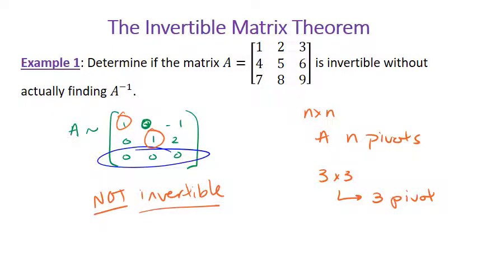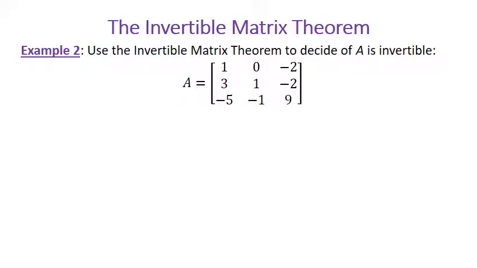Because this matrix is not invertible, all of the other statements in the invertible matrix theorem are not true for matrix A, because it's all or nothing. They're either all true or they're all false. Let's look at this example. Same rules apply. Let's row reduce.